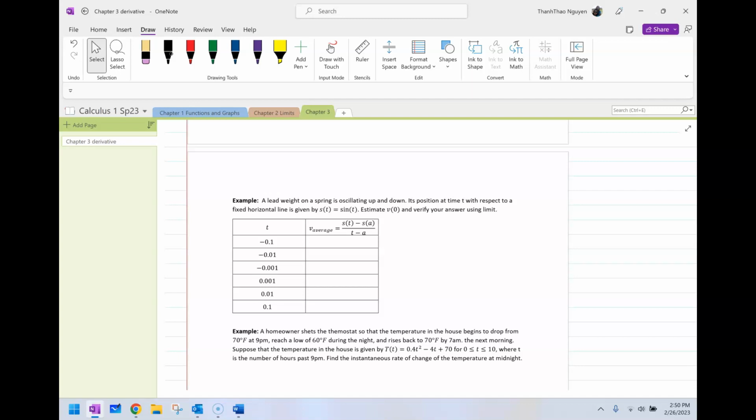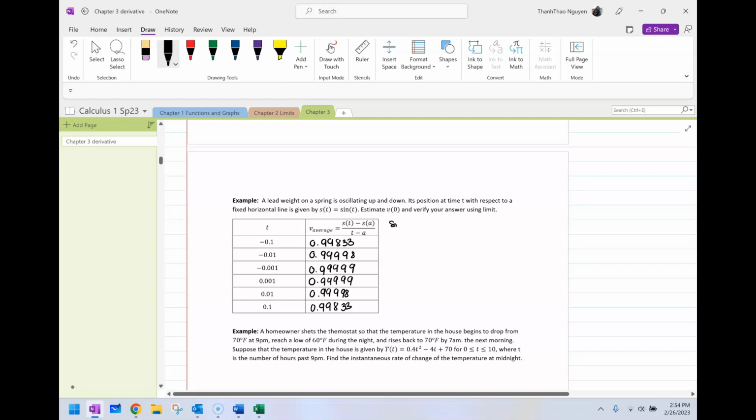So let's go ahead and calculate this by hand, and you can do this with a calculator. So it seems like the average velocity is equal to 1. Okay, so let's double check this using our limit formula.